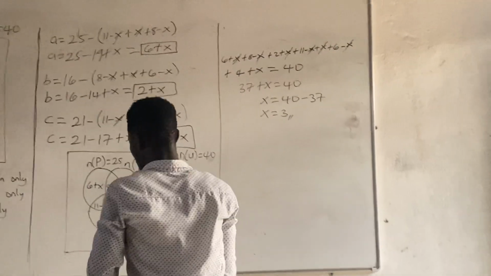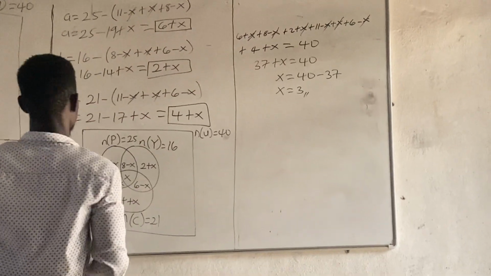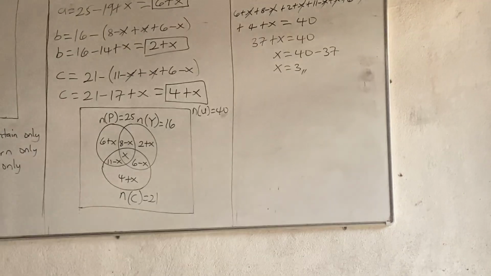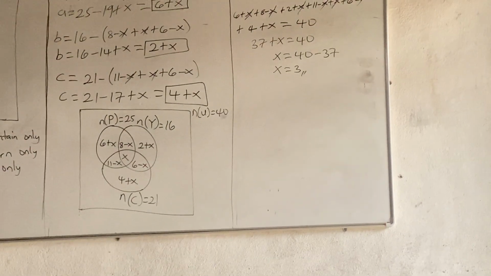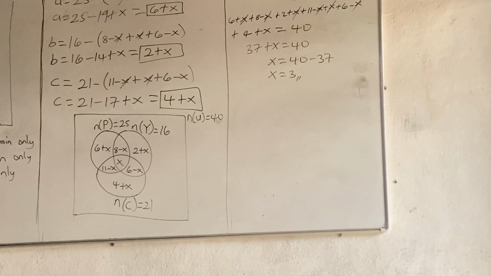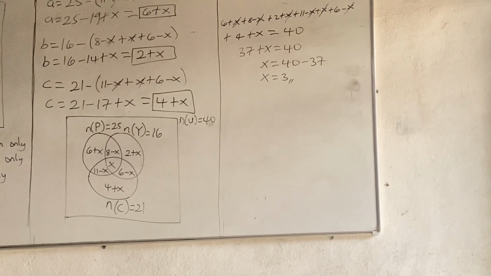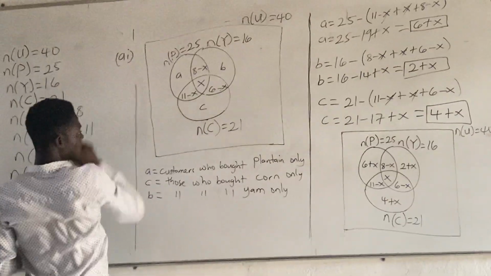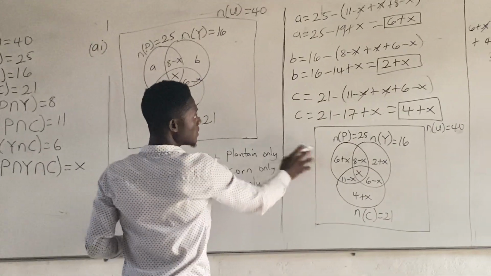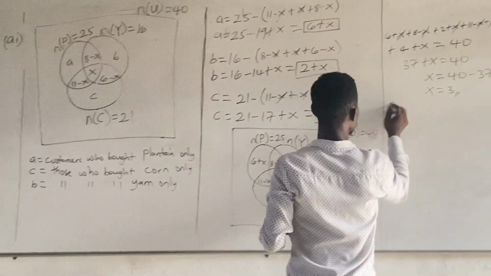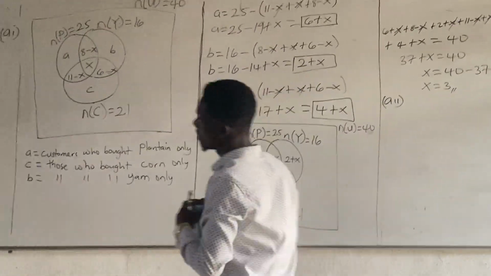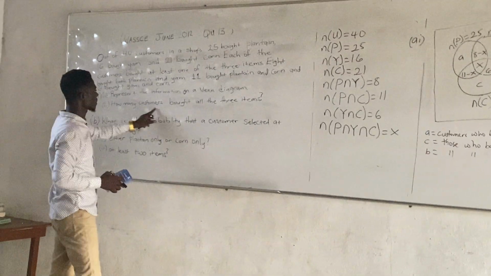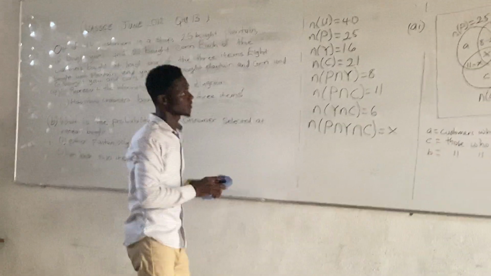So remember, initially we said x should be equal to the number of customers who bought all 3 items. So the first one, Roman number 1 says, so this is A. Please make sure and number it as this is A Roman number 1. And continues here. So A Roman number 2 says, find how many customers bought all 3 items.